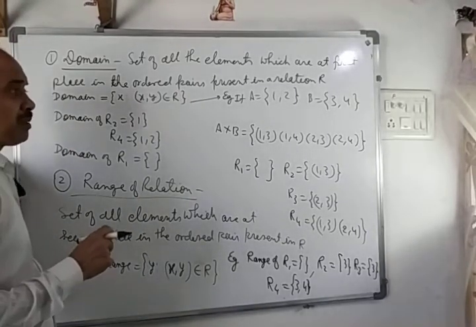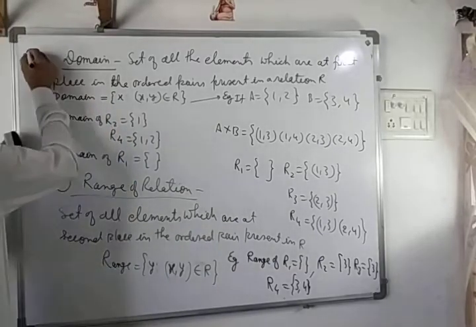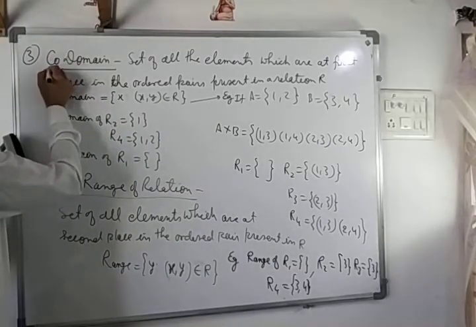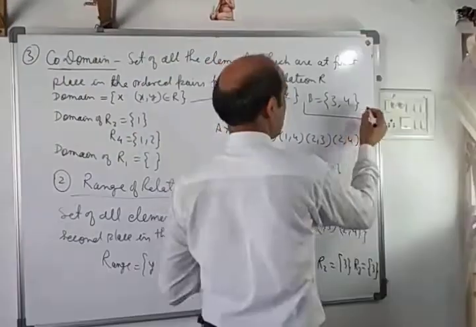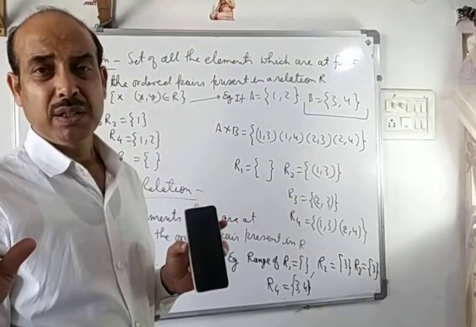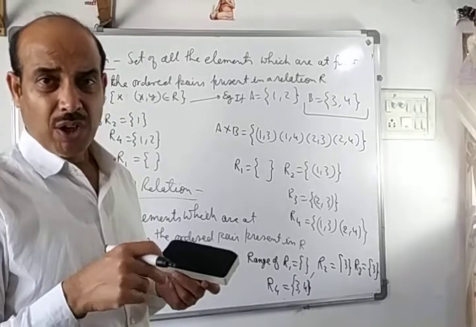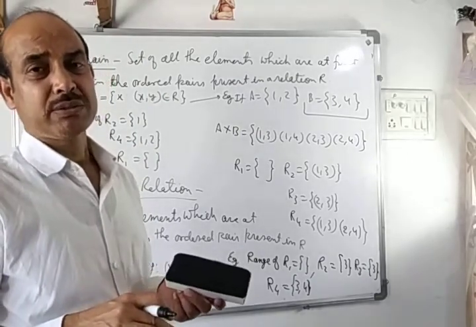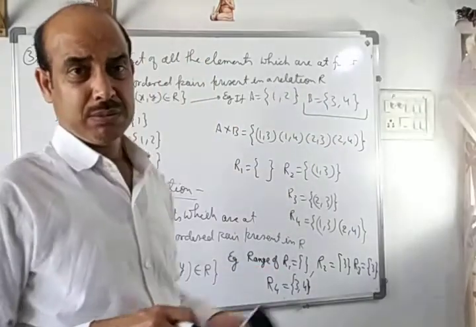Now the third term comes, that is codomain. Codomain is always set B. No condition, no definition. It does not even depend on the ordered pairs present in the relation. Always the second set is known as codomain.